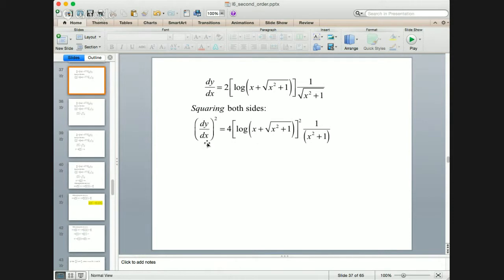I would get square of dy by dx is equal to 4 times square of log of x plus root of x square plus 1, and this simplifies to be 1 by x square plus 1. And now you can also replace this entire function where you have a log of x plus root of x square plus 1 whole squared with y, and therefore your entire expression simplifies to a very nice and compact expression.